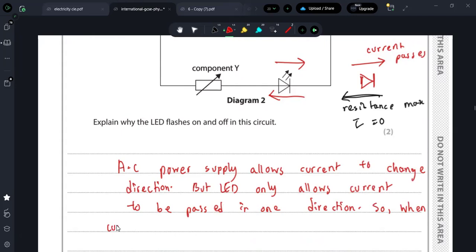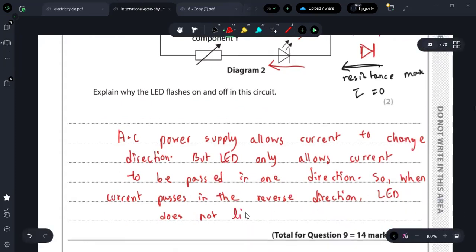So when current passes in the reverse direction, LED does not light up. Hope it's clear.